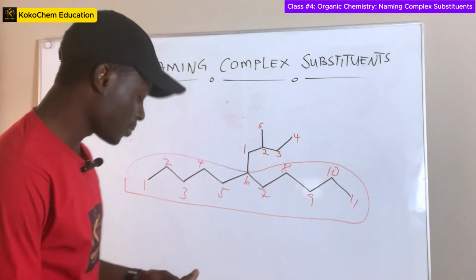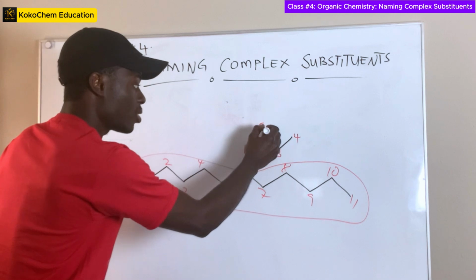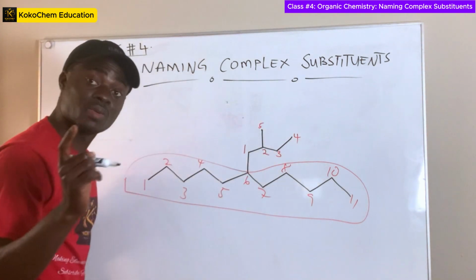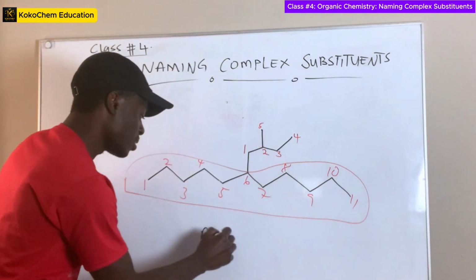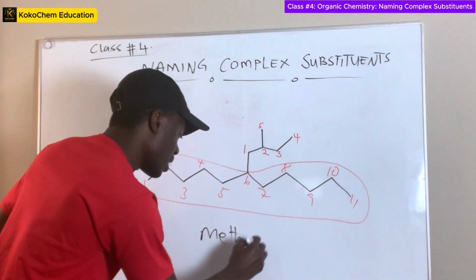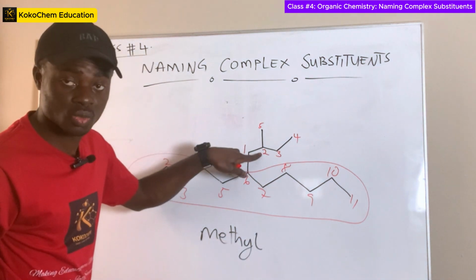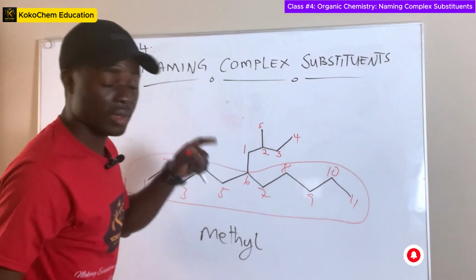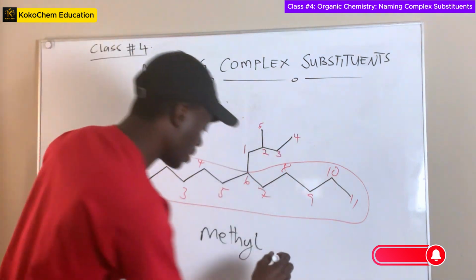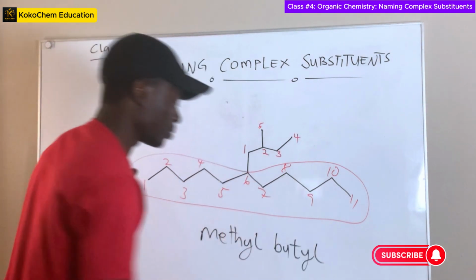So in this case, if we name the substituent now, the carbon wey dey carbon position 2 is only 1 carbon, and if it be only 1 carbon, I follow you say it go be meth, right? Then you go add YL, so we get methyl. That be carbon number 5 wey dey carbon position 2 on the substituent. Like as we count, you see say we count 4 carbons, so 4 carbons go be butyl.